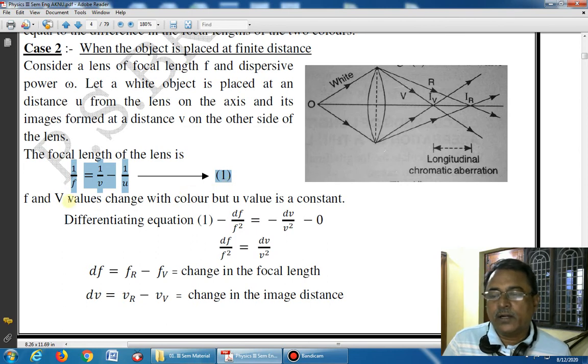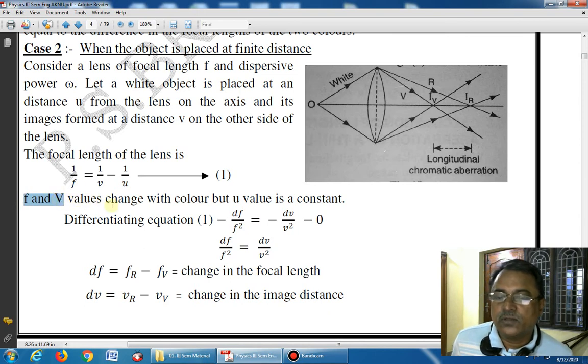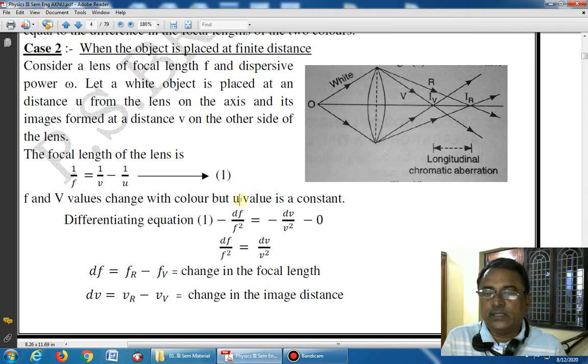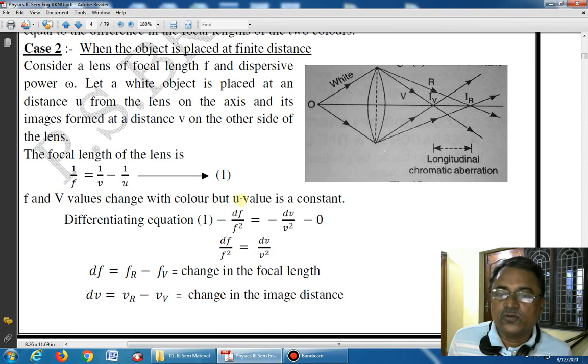I have already told you the focal length f and the image distance v change with color, so these are variables, but the object distance does not change with the color of the light. So u is a constant.